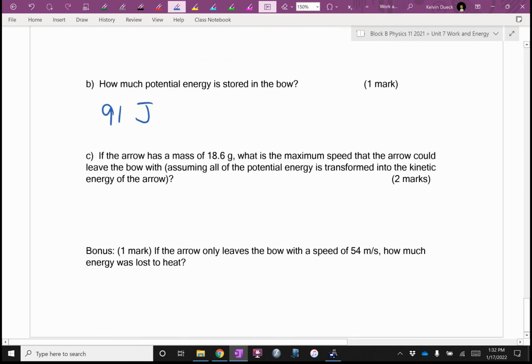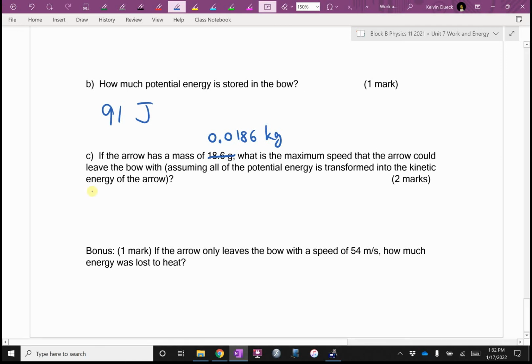C says if the arrow has a mass of 18.6 grams, that's 0.0186 kilograms, divide by 1,000. What's the maximum speed that the arrow could leave the bow? I could do this with conservation of energy.